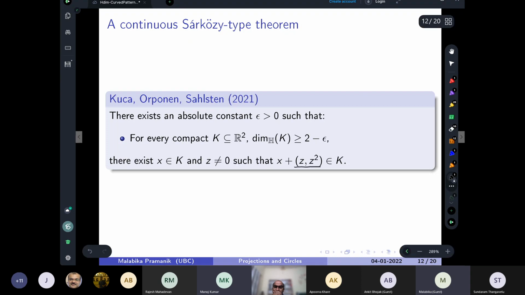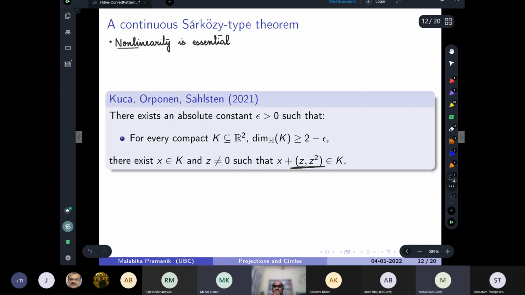So the nonlinearity of this pattern is essential. So I'm going to make that note here. Nonlinearity is essential. Okay. And why is that?